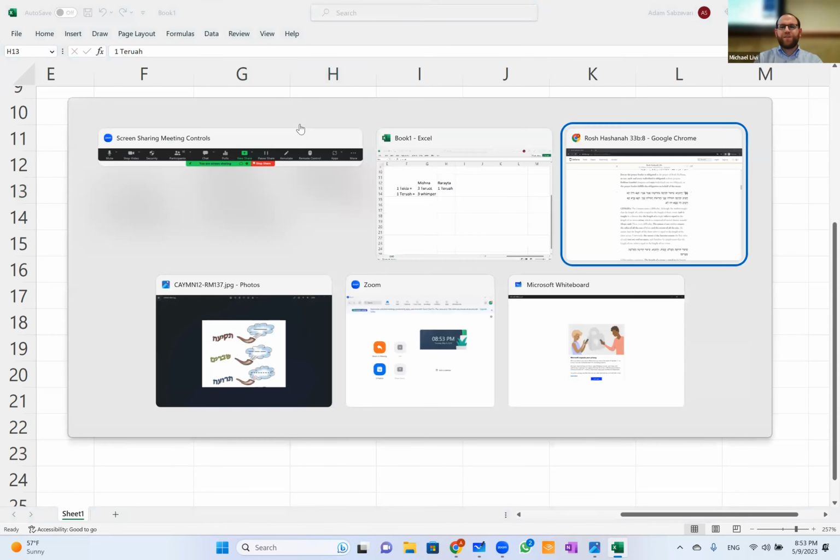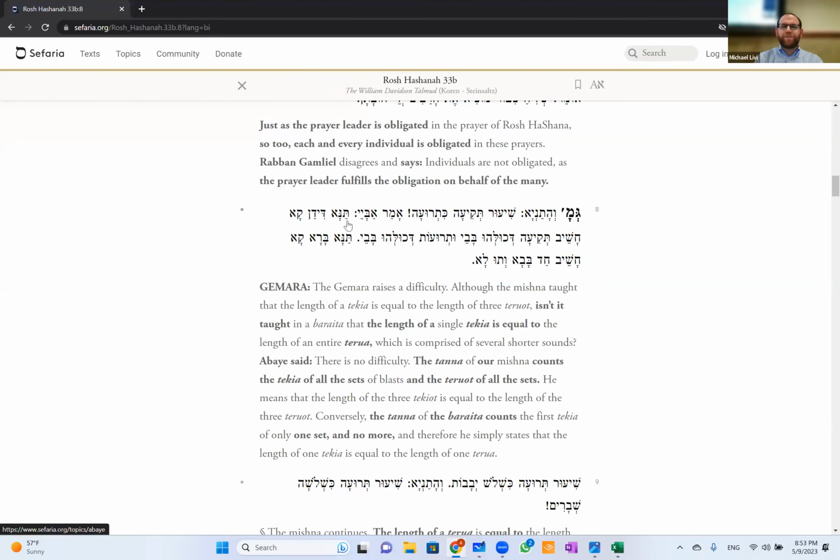What does the Gemara answer? Amar Abaye, there's no issue. They're talking about different things, but they're saying the same thing. Tana Didan, the author of our Mishnah, Kachashiv Tekiah de Kuluhu Bave, Utrot de Kuluhu Bave. The author of our Mishnah is telling you the intros of every Tekiah is equal to the middle of those 3 sets.